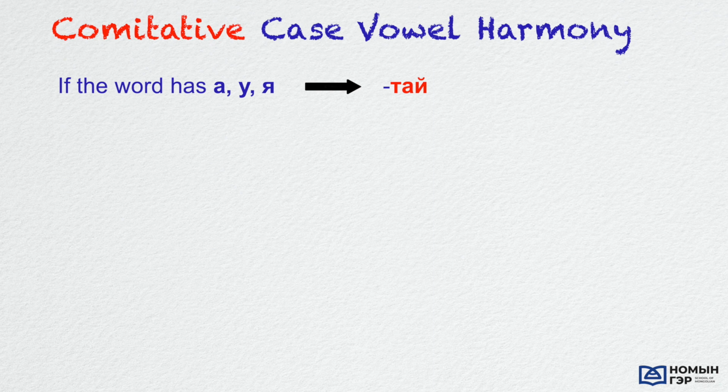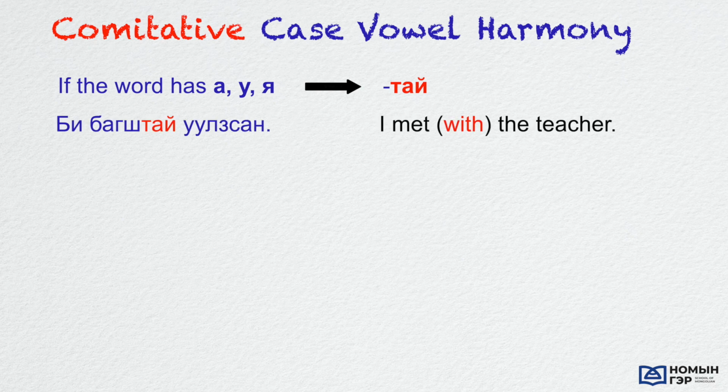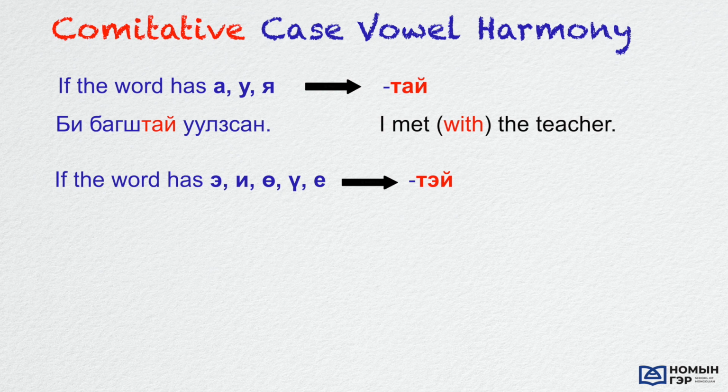If the word has a, o, ya, the suffix form tai is added. For example, би багштай уулзсан. If the word has e, i, o, u, and ye, the suffix form tei is added.